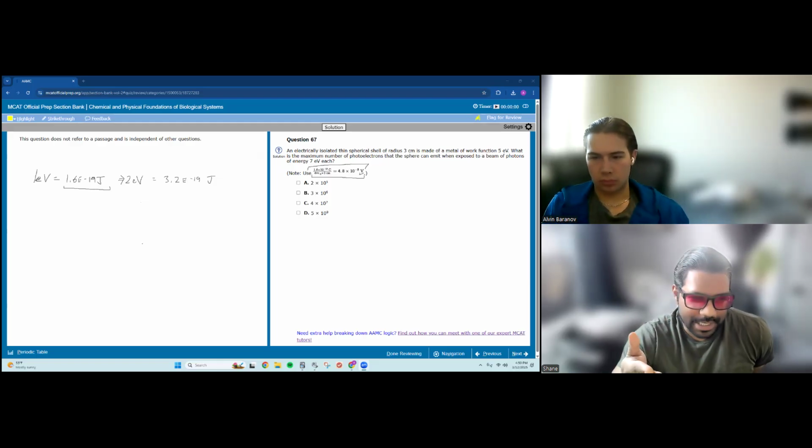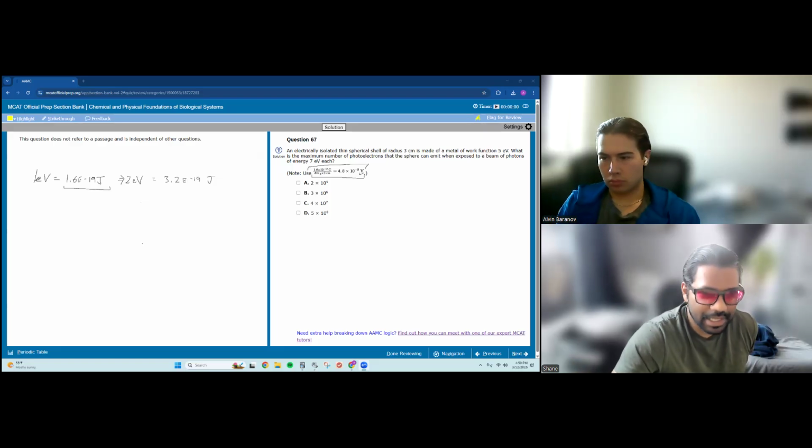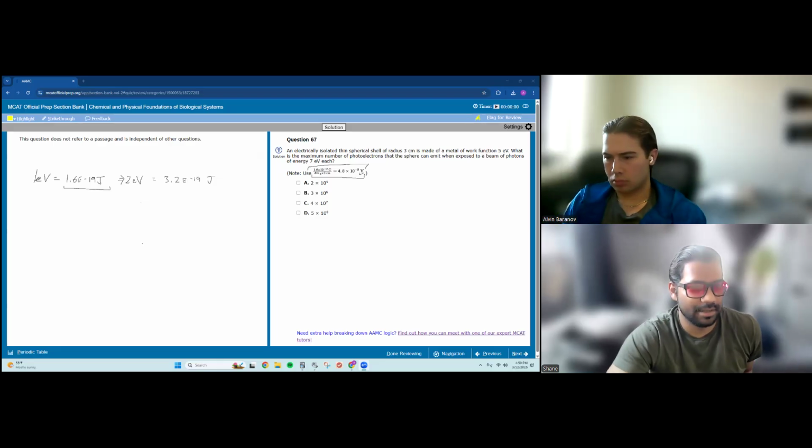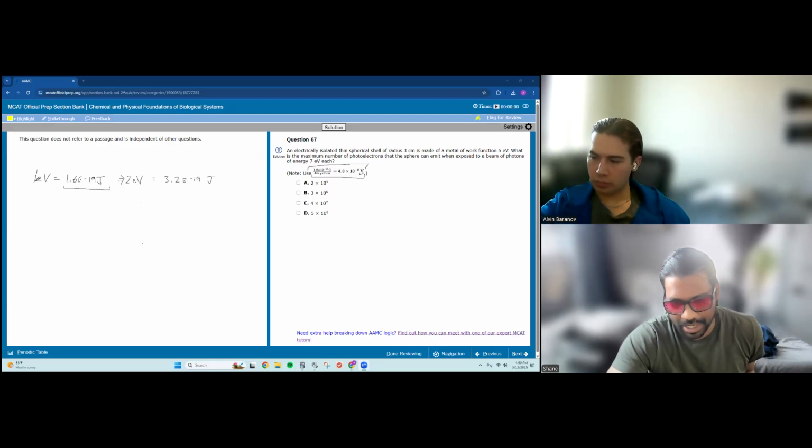I was spending a lot of time trying to reconcile the denominator here and thinking about this entire spherical shell thing, that as it loses electrons it becomes more positive and can be treated as a point charge, which has its own formula and all of that stuff.